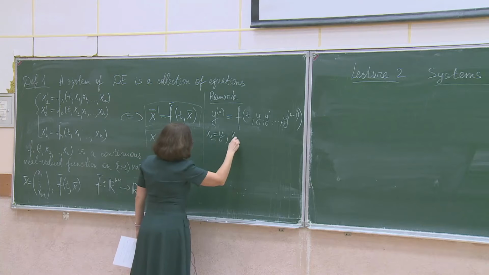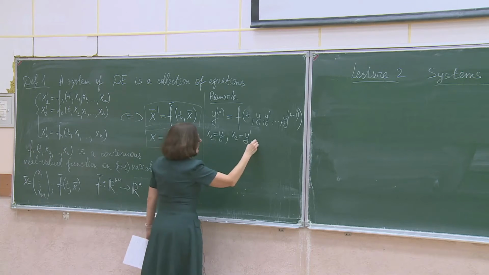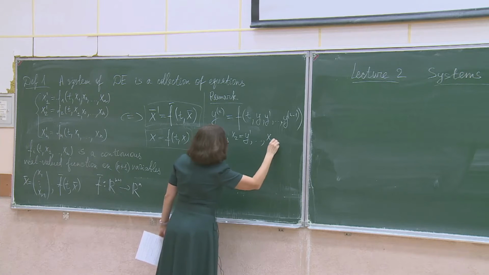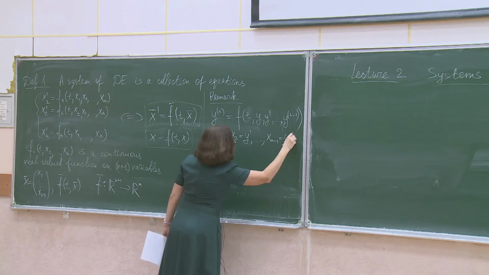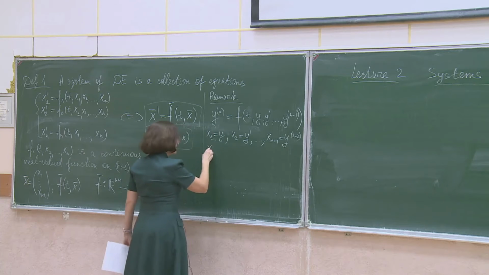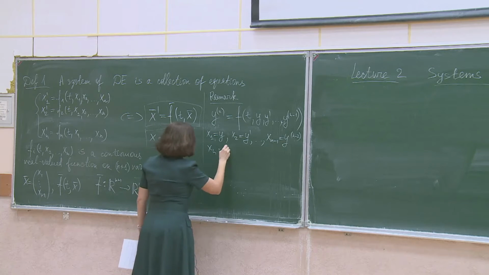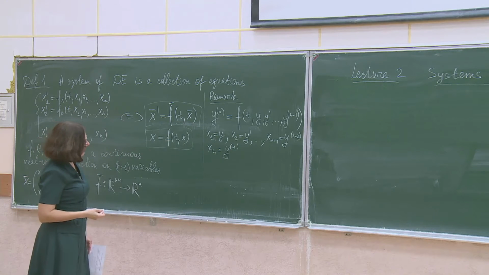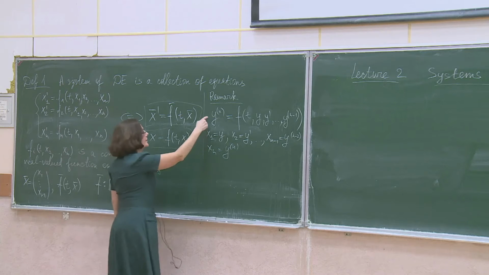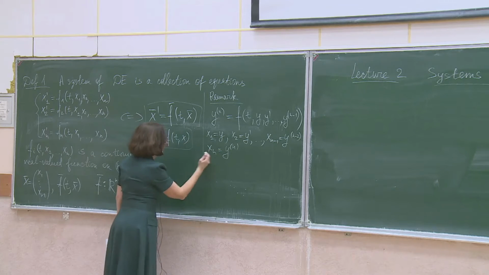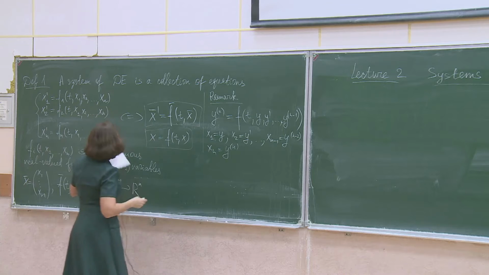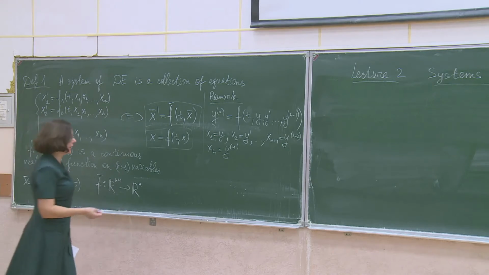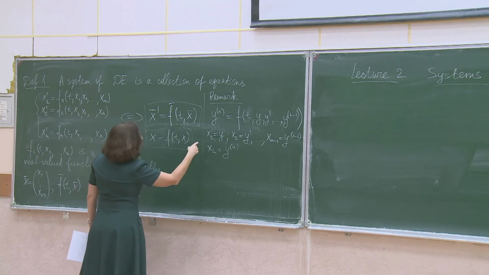Then x2 is y prime, and so on. Then x_{n-1} is y^(n-2). xn would be the (n-1)th derivative. Then we can rewrite this differential equation as a system of n differential equations of the first order in the following manner.